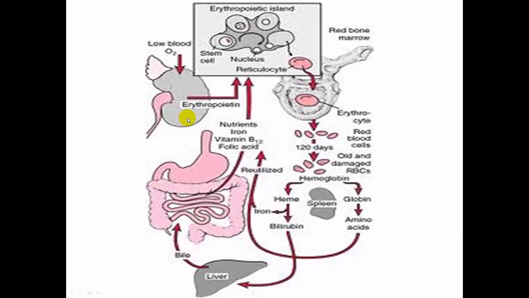And so here we have the kidneys. And you may be wondering, well, what does the kidney have to do with red blood cells or any cell production? Well, you can see here we have low blood oxygen.